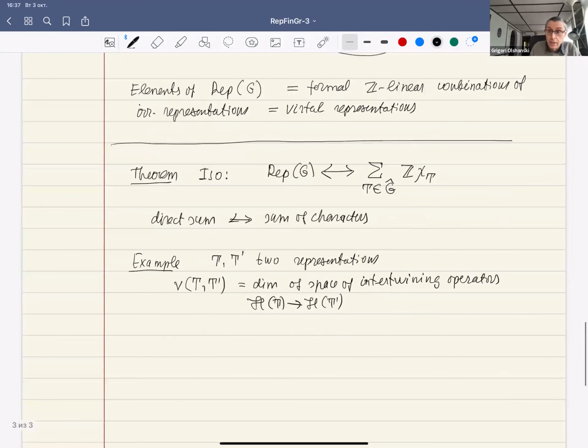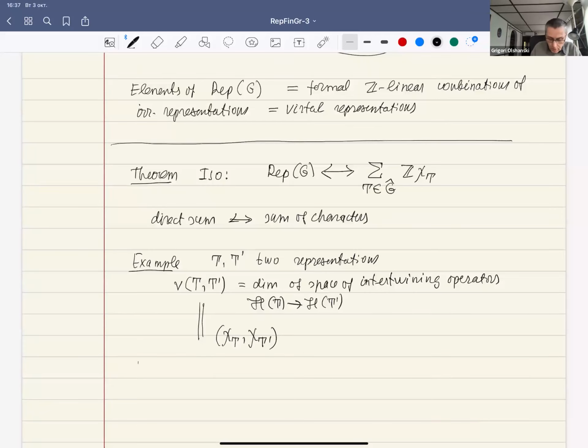But in terms of characters, this same number is nothing else than the scalar product with respect to the canonical inner product in the space of functions.